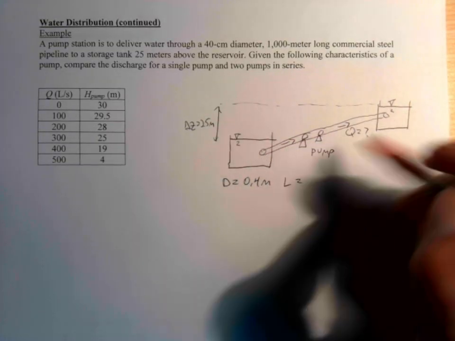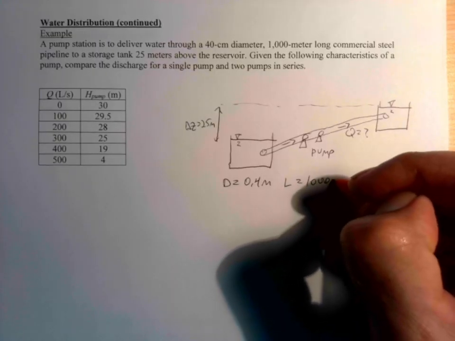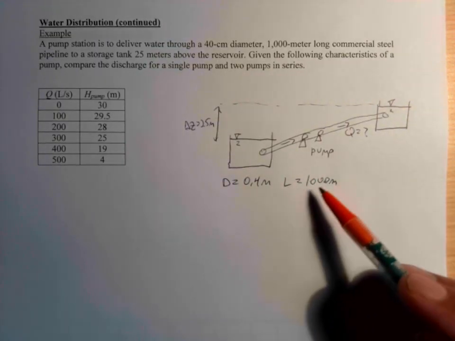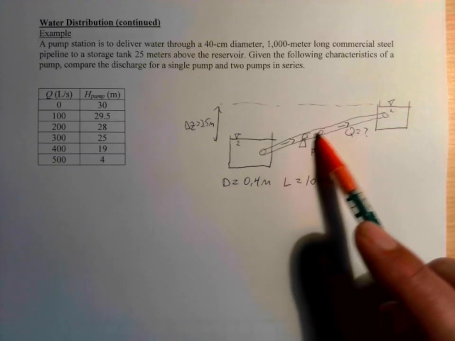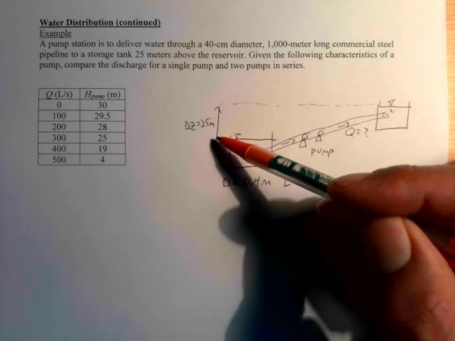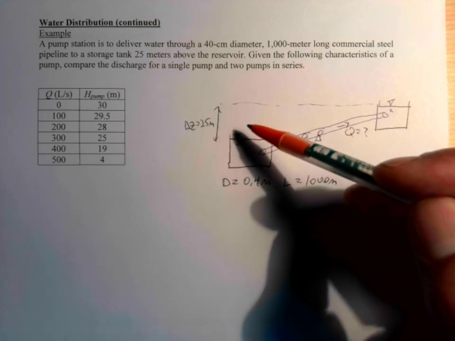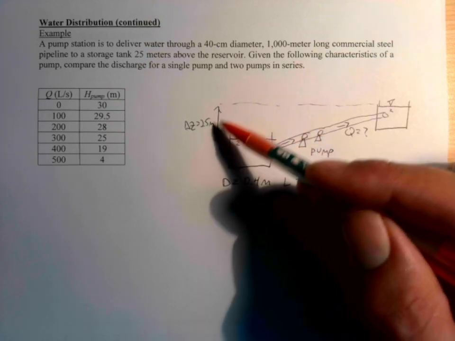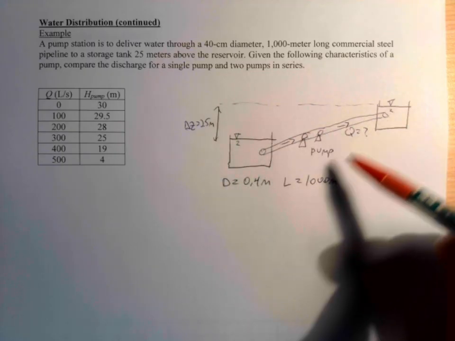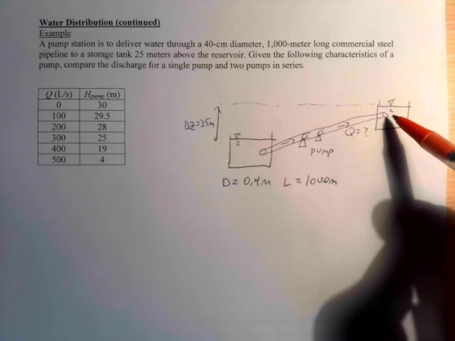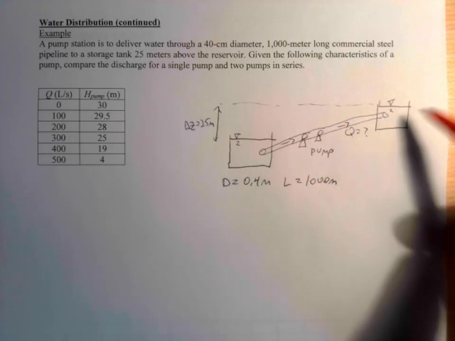The length of the pipeline is 1,000 meters. Okay, that's how long this is. So there's going to be head losses from friction there. So we need enough energy to overcome the 25 meters of potential energy gain that we're putting in, plus the head losses in the pipeline.